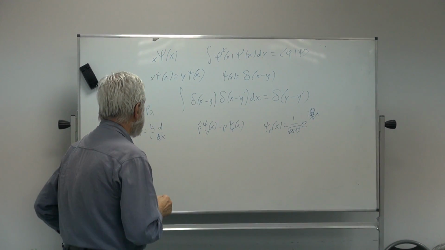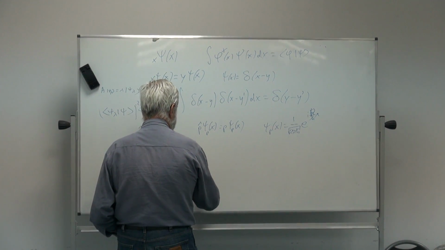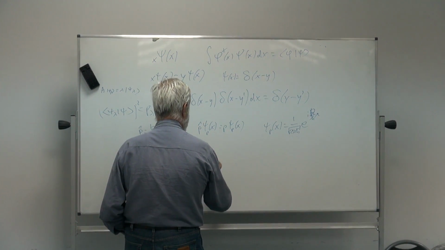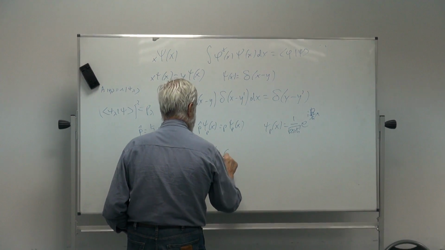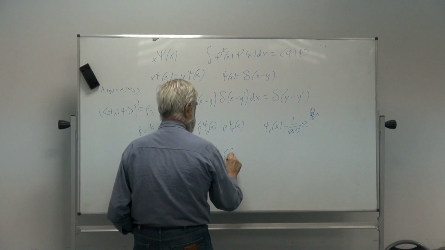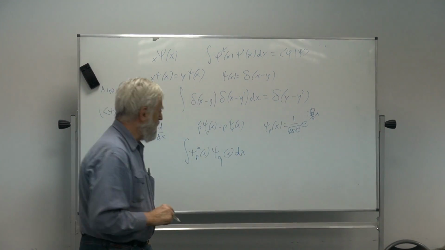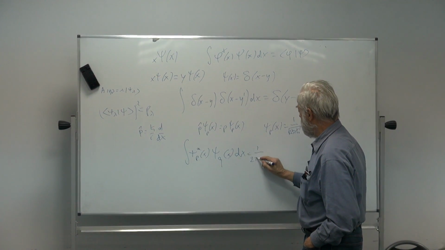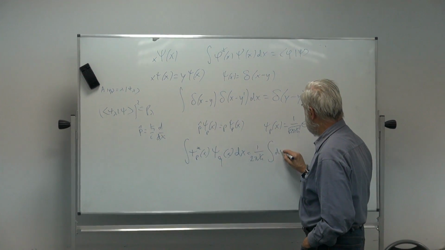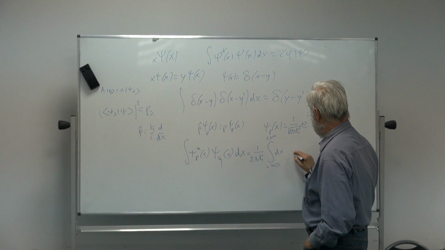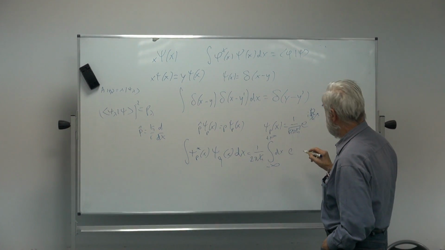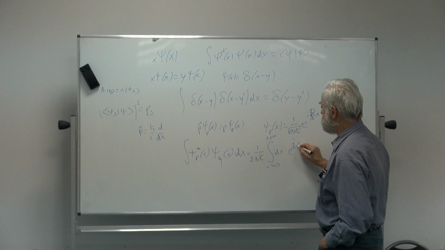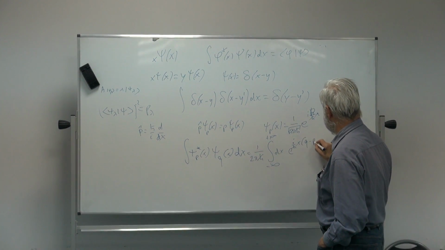Why? Because if I take psi_p complex conjugate of x multiplied by psi_q of x and integrate with respect to dx, then out of this calculation it is 1 over 2 pi h bar times the integral dx from minus to plus infinity of e to the i over h bar x times (q minus p).